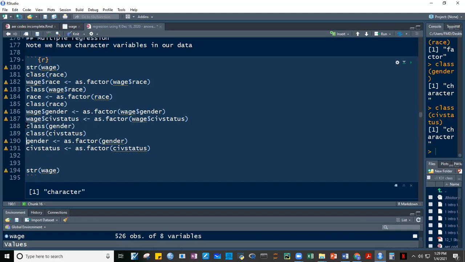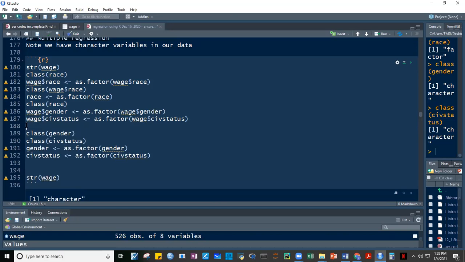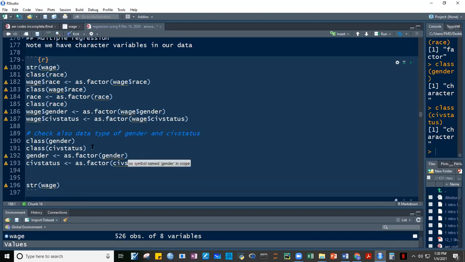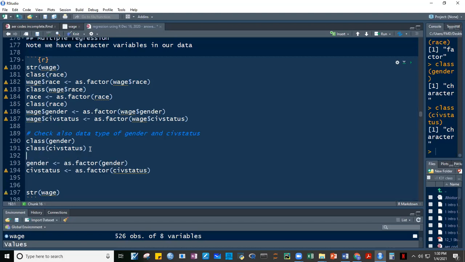So, parehong character. Also, data type of gender and civil status. So we were able to show that their convert.